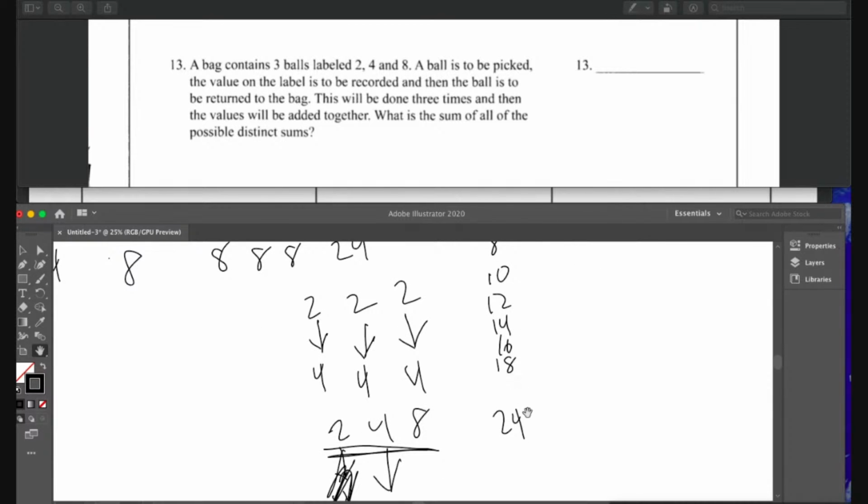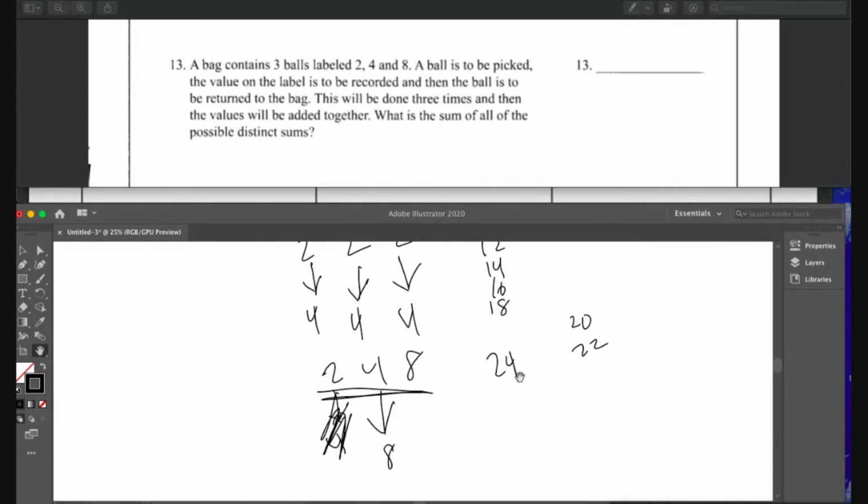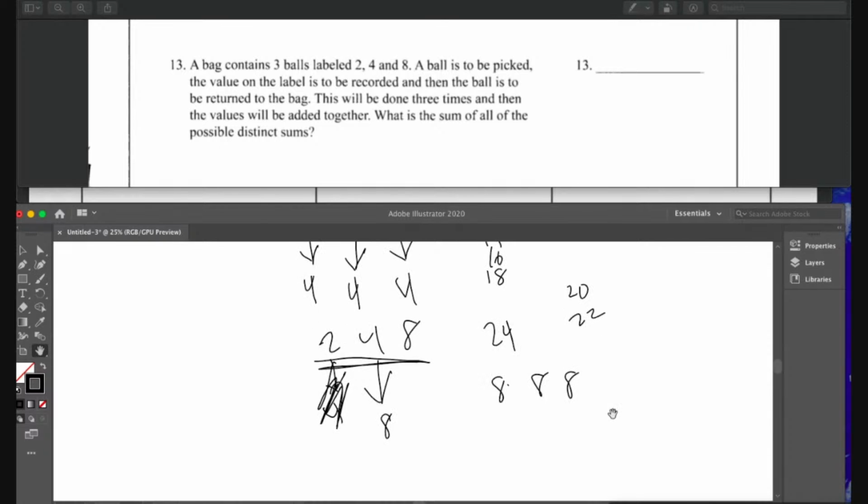Okay, now we're getting close to 24. Now our only possibly possible ones left are 20 and 22. Now, if you look at 24, 24 is 8, 8, 8, right?